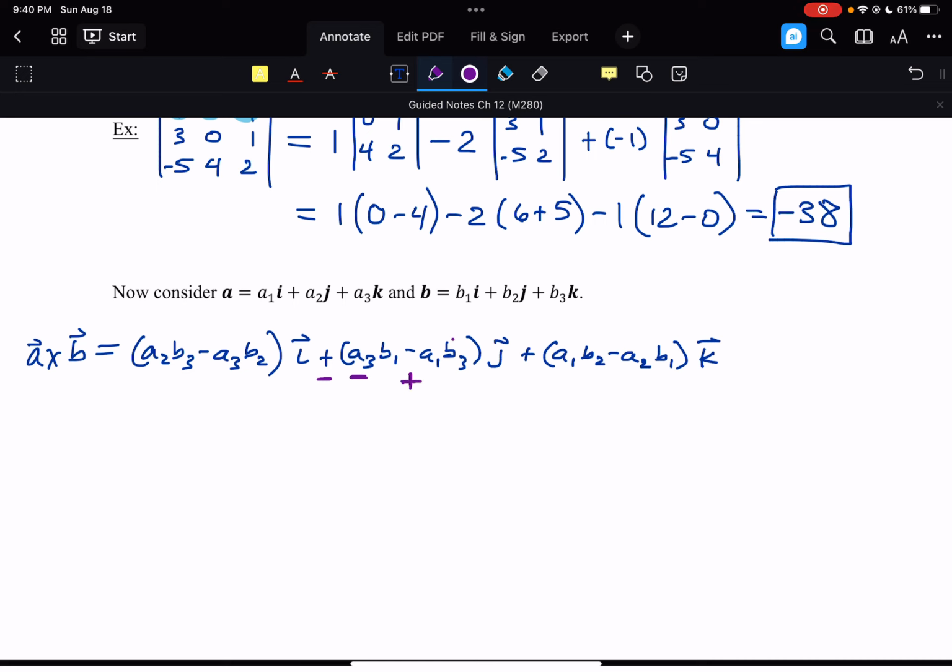And then one more little algebraic switcheroo here. I want the positive one in front, so I'm just going to switch their order. So the new version that we're going to get is minus (A1B3 minus A3B1) j. Hopefully everybody sees that. I pulled the negative out from both, and then I switched their order so that the positive one would come first.